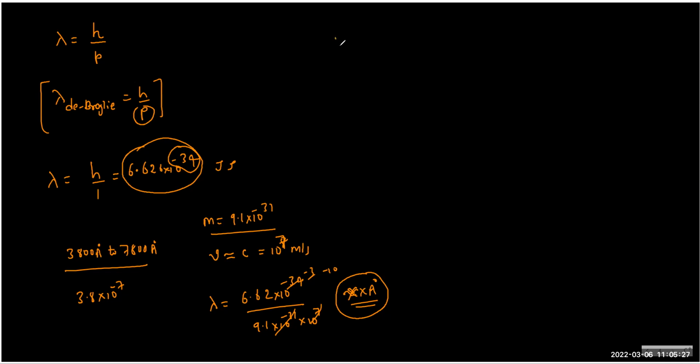So the electron will have the wave-like character as well. And this wavelength will be equal to h upon p, or you can say mv, whatever you want to say. So we can actually treat electron as a wave without any loss of generality.